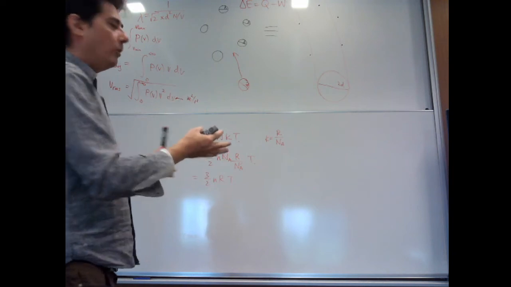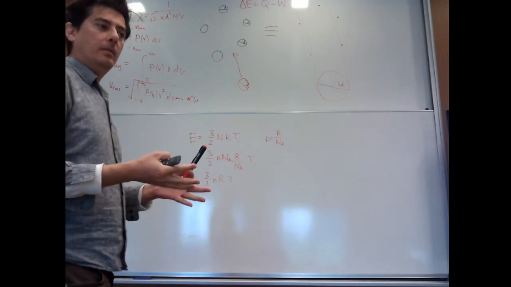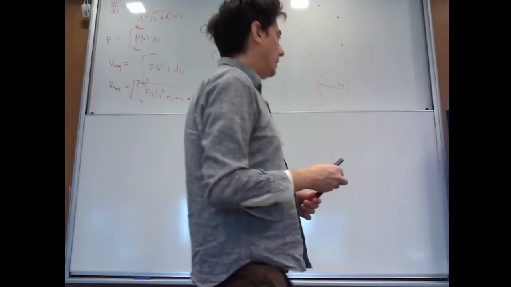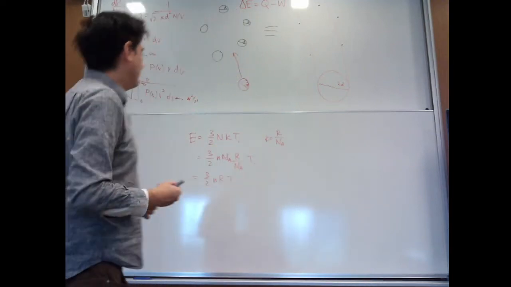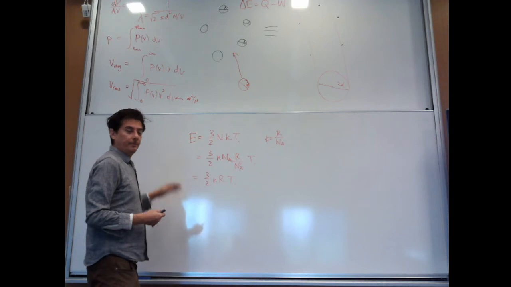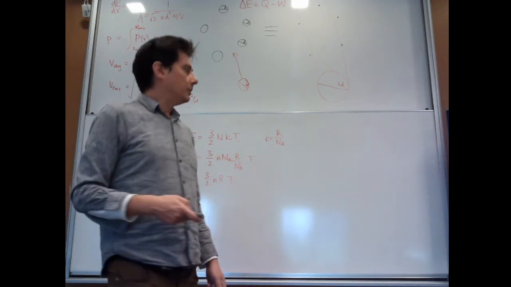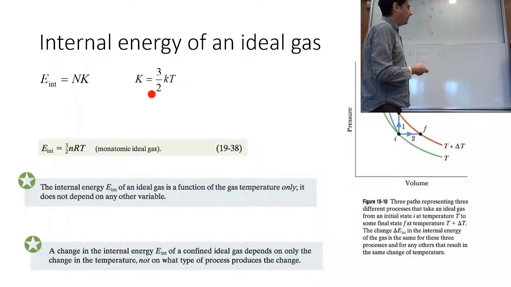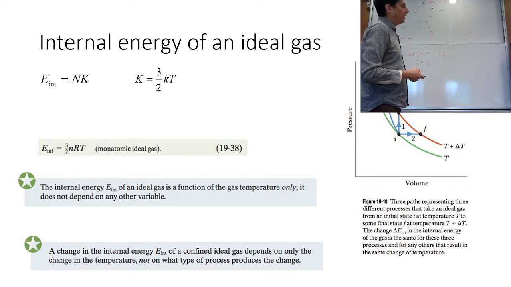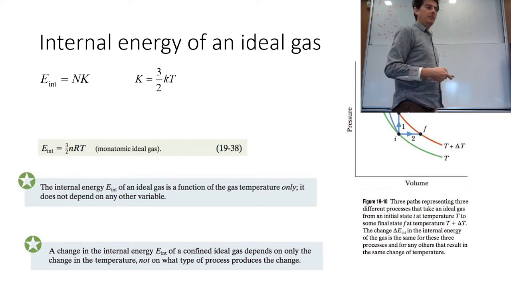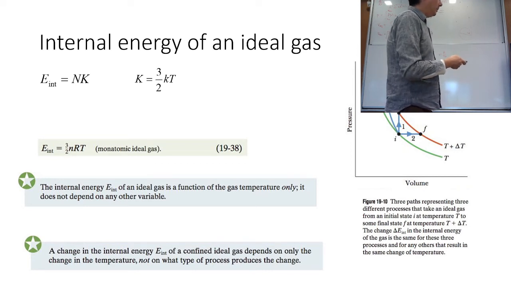What we said there before was that the kinetic energy of gas is only related to temperature, but now we can basically make the same point about internal energy. So the internal energy is a function of temperature only. This is quite useful in terms of the PV diagram.